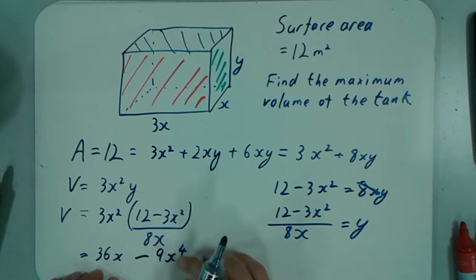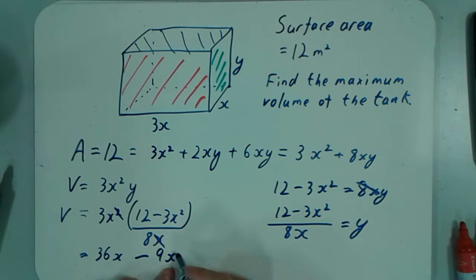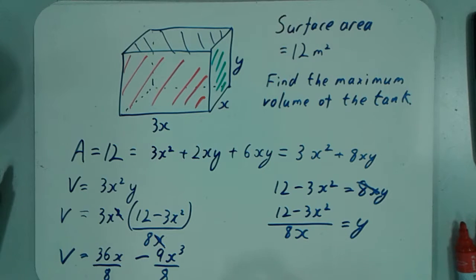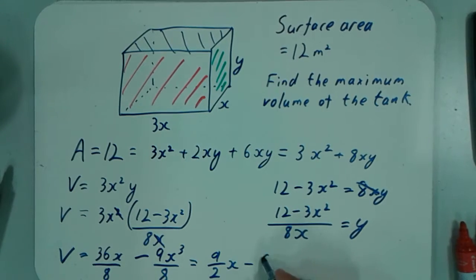Sorry, I forgot that I should have cancelled one of those. So we just have 36x minus 9x cubed, and both of those will be divided by 8. That will give us a formula for volume. We can simplify that a little bit more. Both of those divide by 4, so we get 9 over 2x minus 9 over 8x cubed.